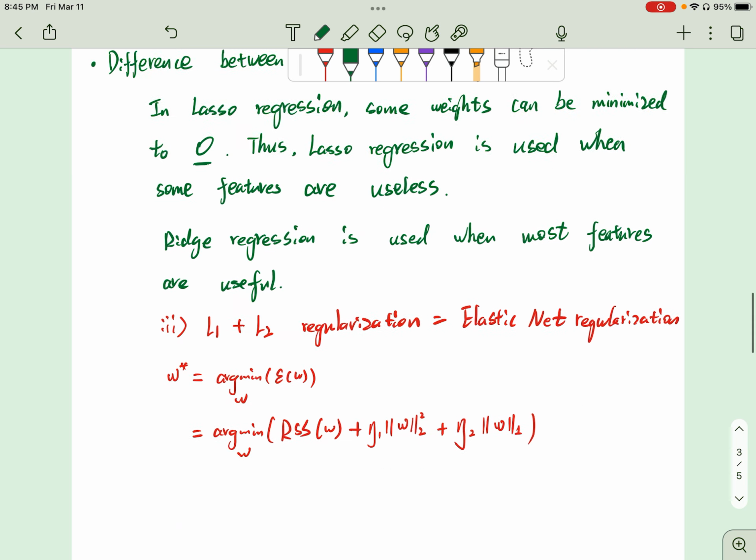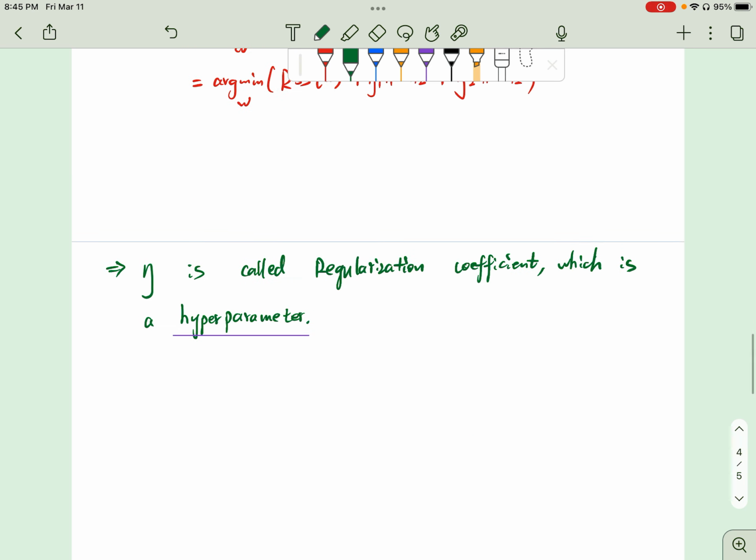So here, if this coefficient eta equals 0, it's the normal linear regression.